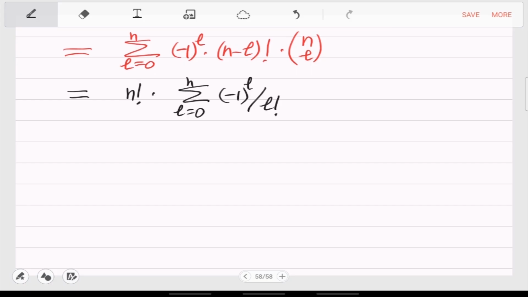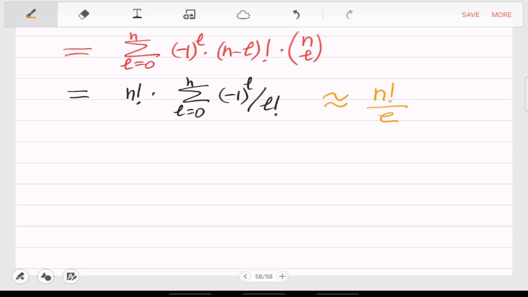Can you approximate this? How far is this from n factorial? Sorry, 1 by e. Yeah, so you can show that this is actually quite close to n factorial by e, right? And e is like 2.78 dot dot. So this is very close to n factorial by 3. Okay, which could be a bit surprising.